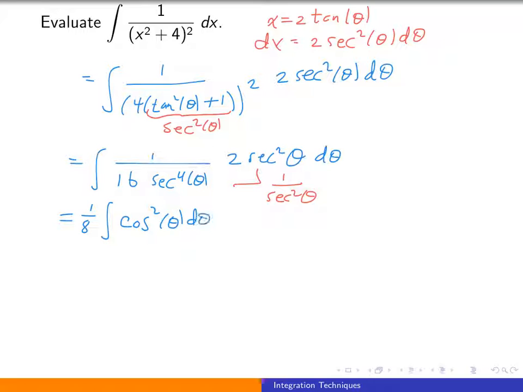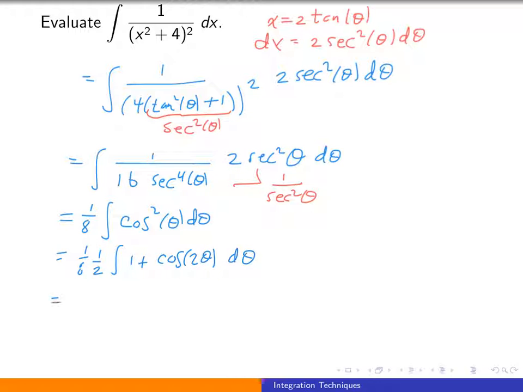And by this point, anti-differentiating cosine squared should be a familiar task. We rewrite it via the half angle formula. So there's going to be a 1/2 that pulls out of the integral. And cosine squared is the 1/2 multiplied by 1 plus cosine 2 theta.